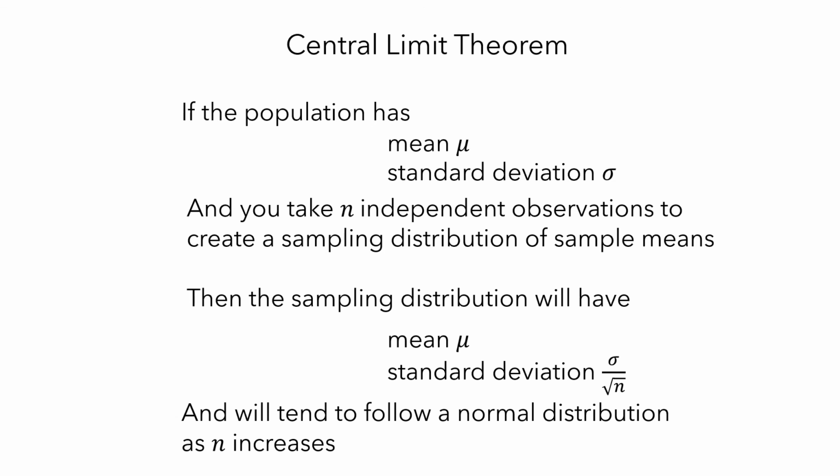So the sampling distributions we've looked at can often be approximated by a normal distribution. So this means we can often use normal distributions to compute p-values and construct interval estimates. And this central limit theorem is the reason why the normal distribution plays such a large role in statistics.